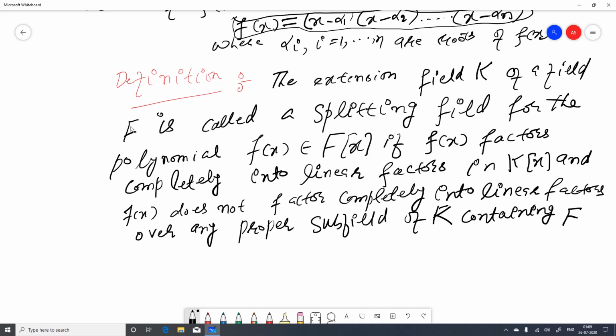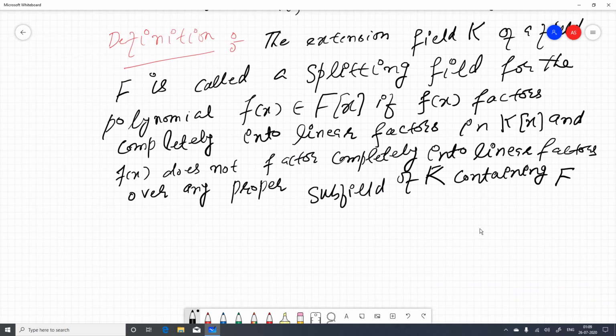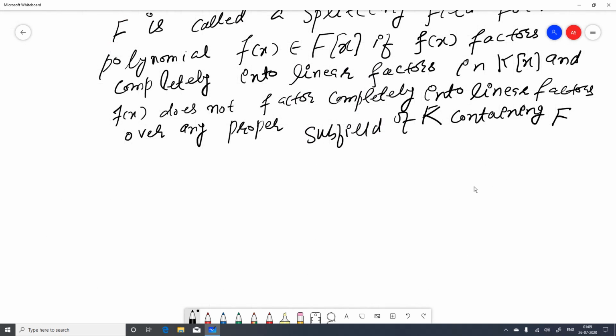So what does this mean actually? It means that this K is the smallest extension of F containing all the roots of the polynomial f(x).